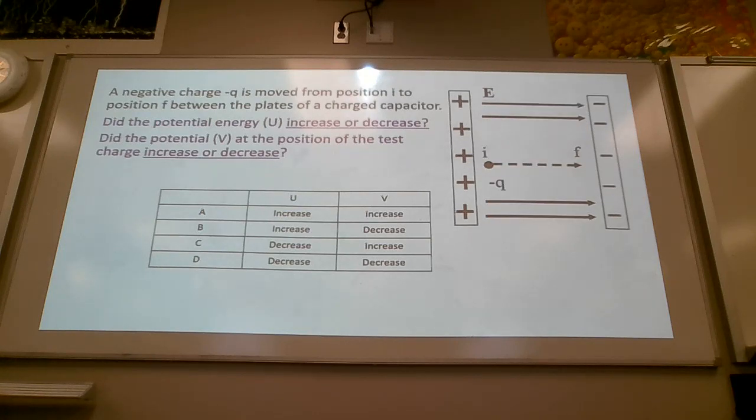Same question, different scenario. Everybody good with B? Is everybody good with that? Okay.